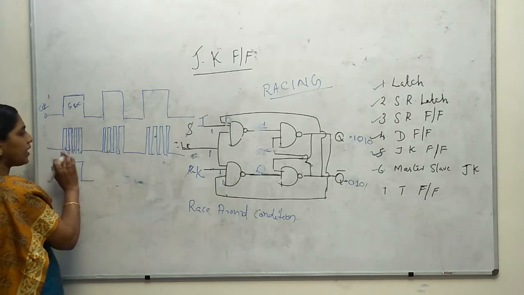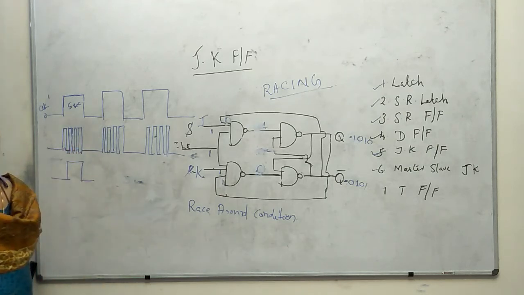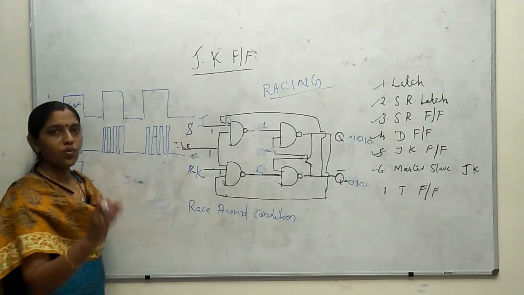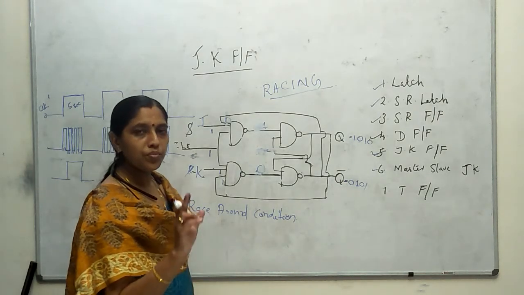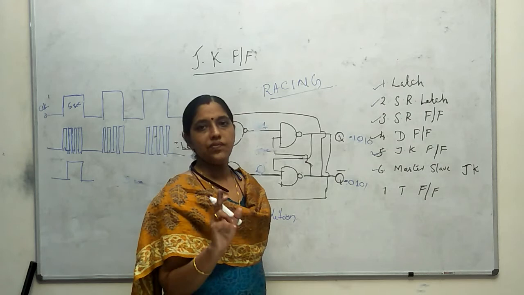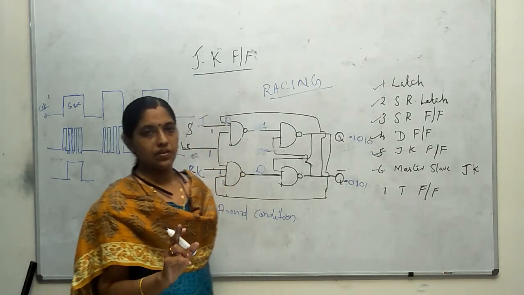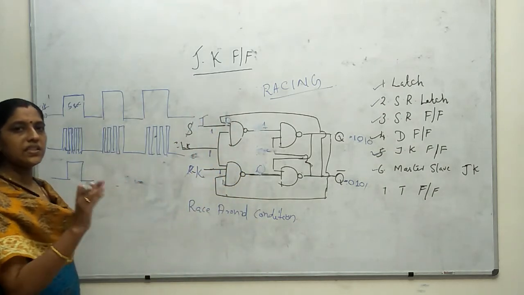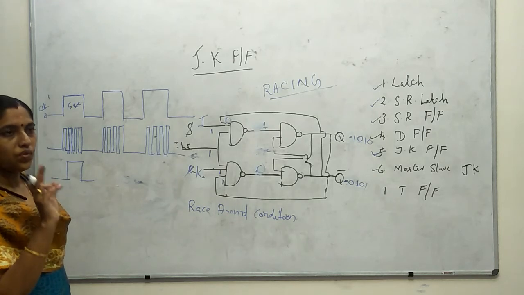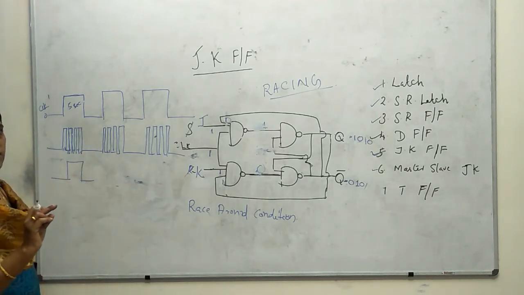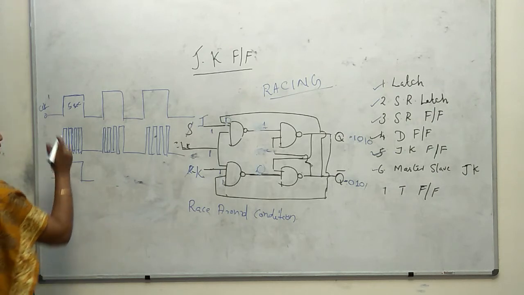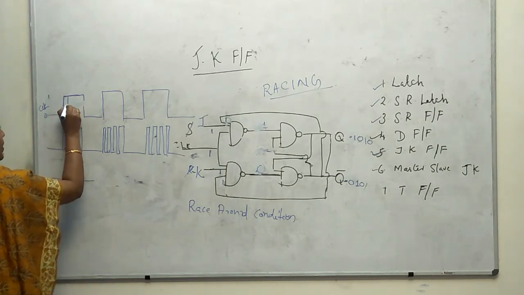That is not allowed in the case of a sequential circuit. So we have to make sure that the output will change only once within a clock cycle. For that, there are two different solutions. One is that we can make the clock duration 1 second.